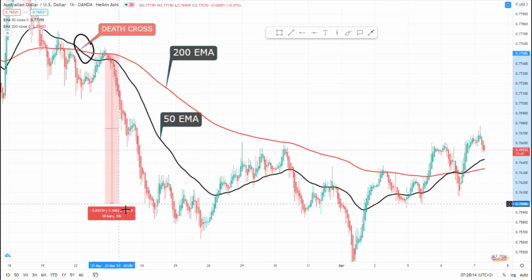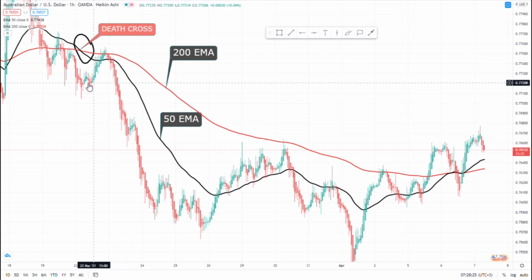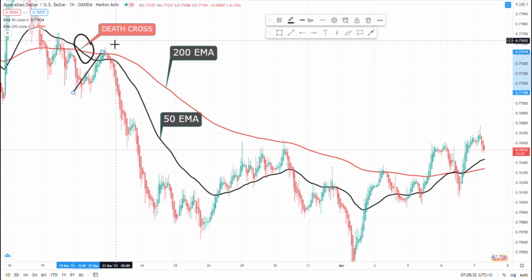Can you imagine 186 pips, just knowing that this death cross occurred, and then you wait for your market to go and retest or do a pullback and then enter, knowing the market has done a death cross of the 50-day moving average crossing below the 200 moving average. If you have never tried this, kindly try it and let me know what has happened. But before you try it on a live account, kindly test it out.